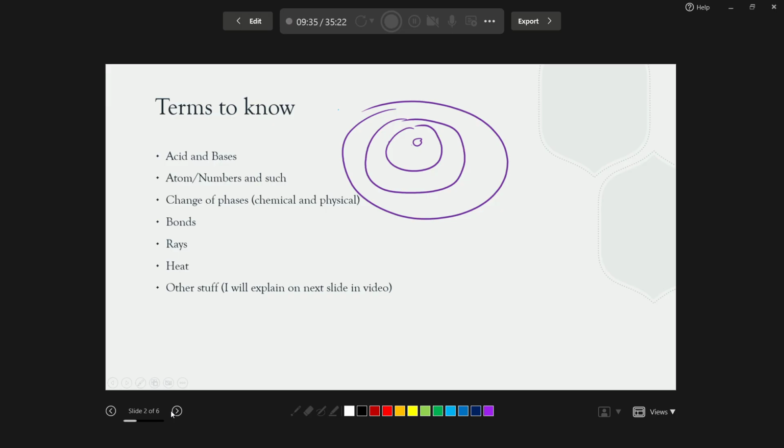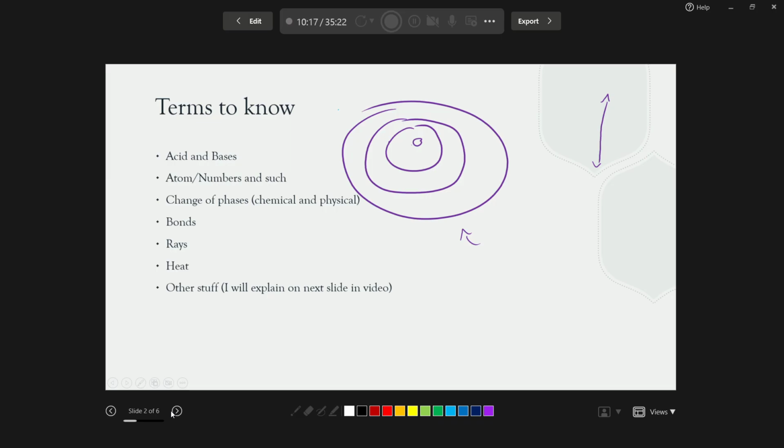I don't think this will be really on the test, but something to note is that elements on a periodic table, vertical columns, elements that are in the same column will have the same valence electrons. Valence electrons are your outermost electrons in the outermost ring.